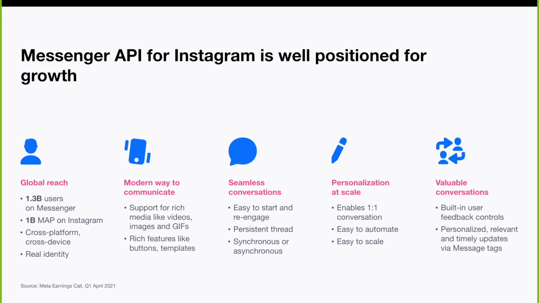You can decide to respond in real time or asynchronously and easily re-engage with the users with complementary information. The API allows businesses to scale their communication while also automating simple tasks like welcome messages or responses based on keywords, answers to common questions, etc.